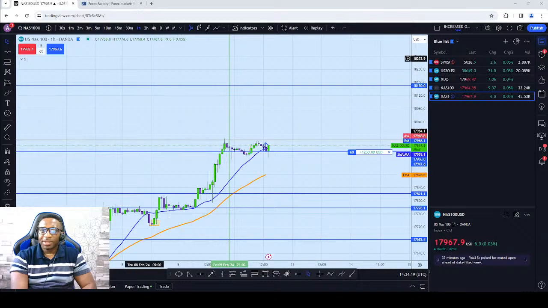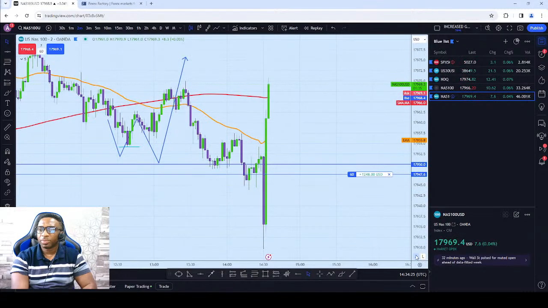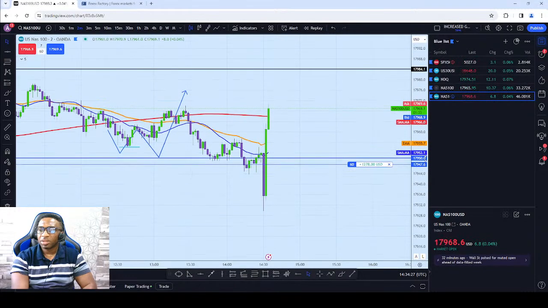Yeah, as we can see, it's traveling with speed. It's traveling with speed up, making giant strides.